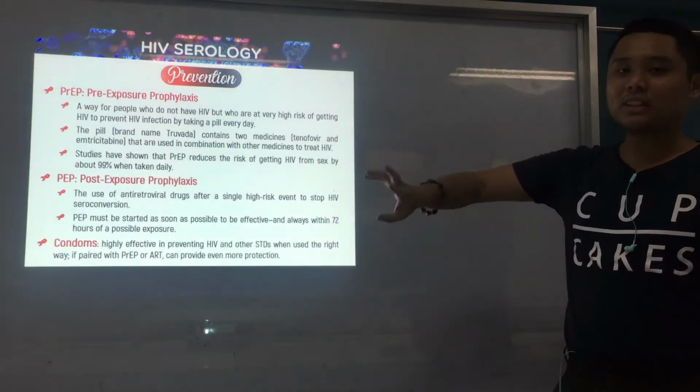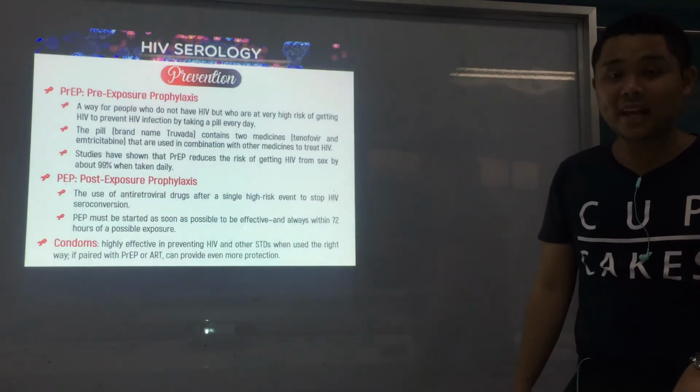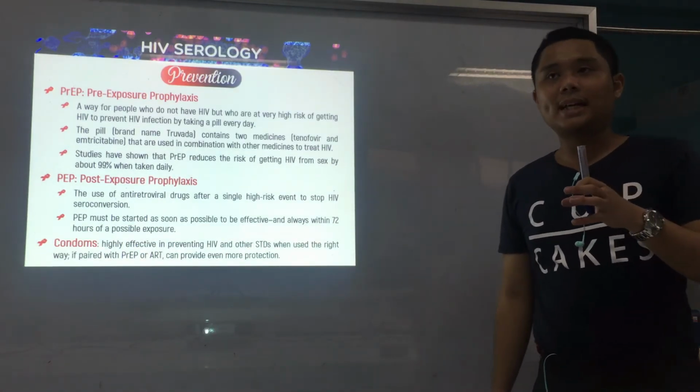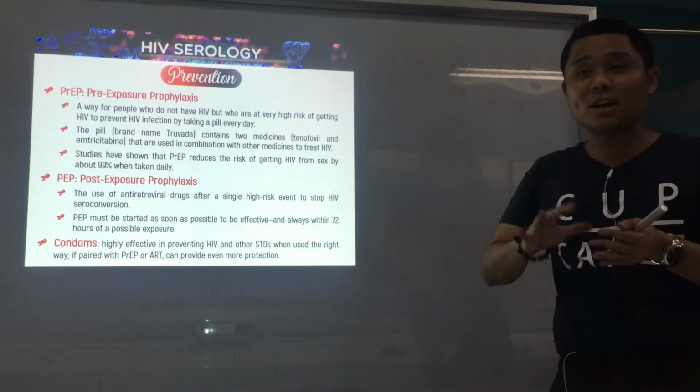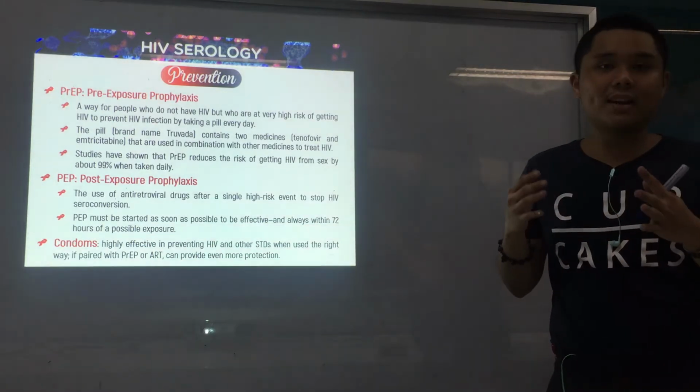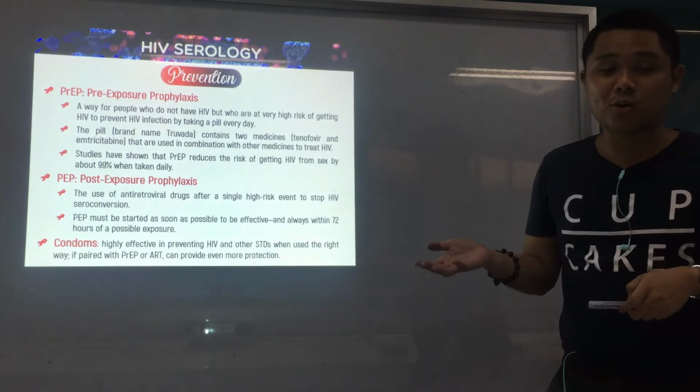Okay. So you have 2 types of PrEP for HIV. Pre-exposure prophylaxis is a way for people who don't have HIV, but whose ways can put them at high risk of contracting HIV.